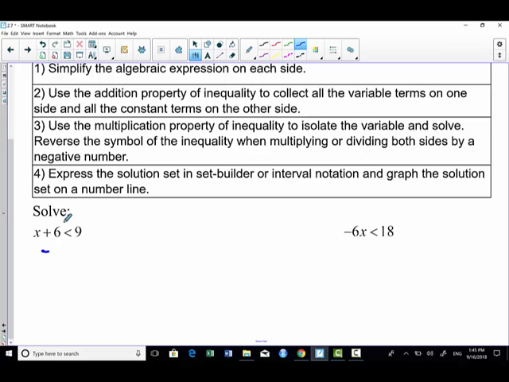So in this case, you will want to leave the x term on the left-hand side and numbers on the other side. So we're going to do the opposite of plus 6, which is minus 6 on both sides. So you end up with x by itself, and the right-hand side is 3. So x less than 3 is the solution set for this example.